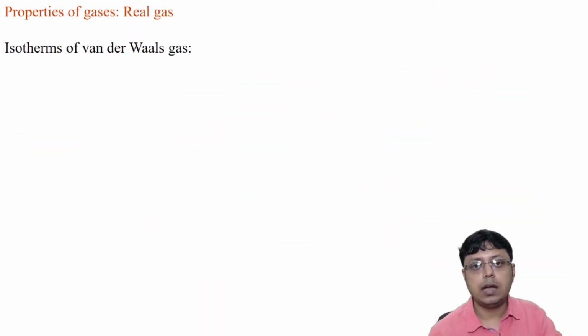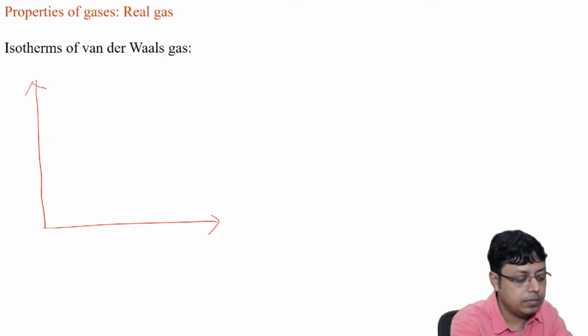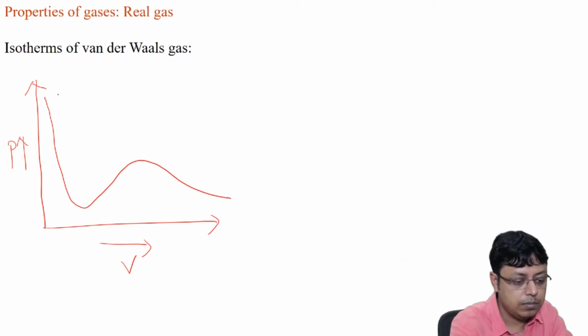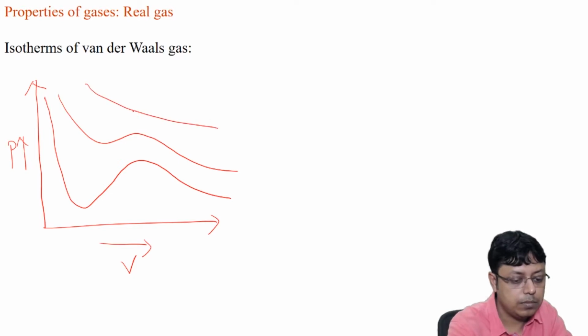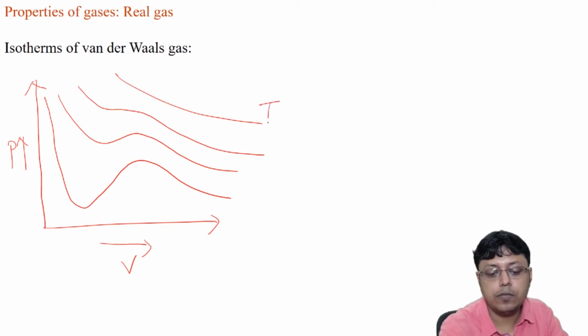Now let us try to draw the isotherms for the van der Waals gas equation. I have drawn isotherms for 4 different temperatures.